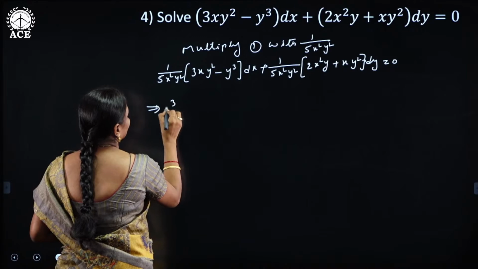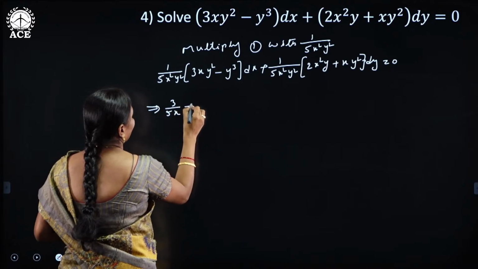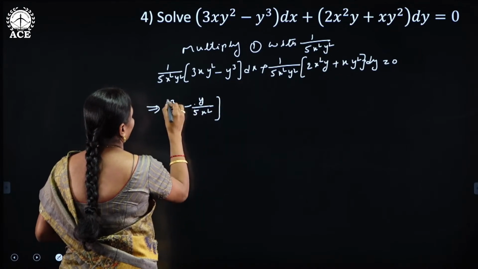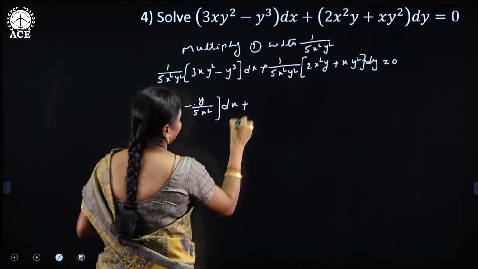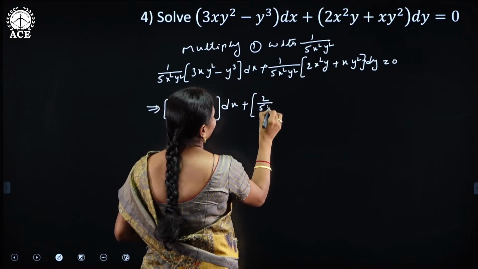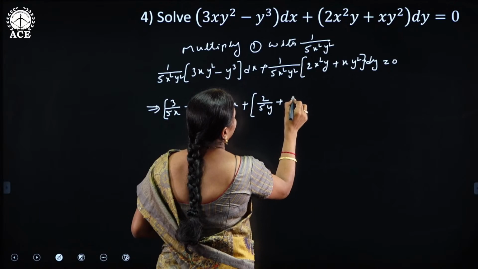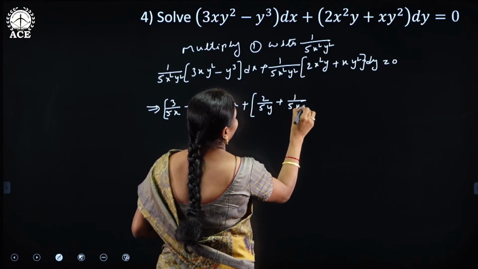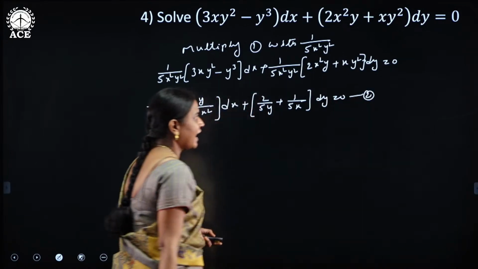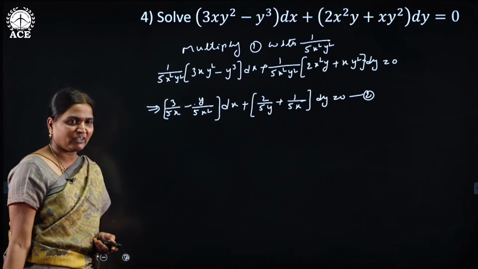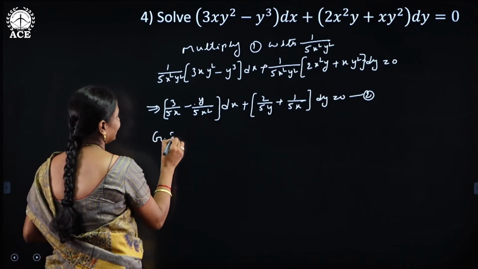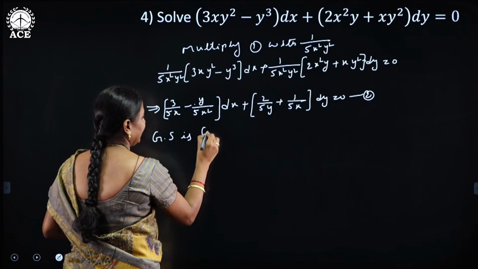That is (3/(5x) − 1/(5x²)) dx plus, coming to the second one, (2/(5y) + 1/(5x)) dy equal to 0. Consider this equation 2, a new differential equation which is an exact differential equation. When it is an exact differential equation, how to write the general solution? General solution is integration of.